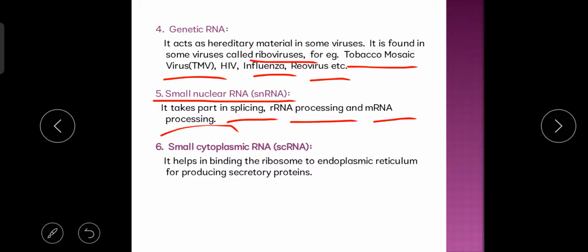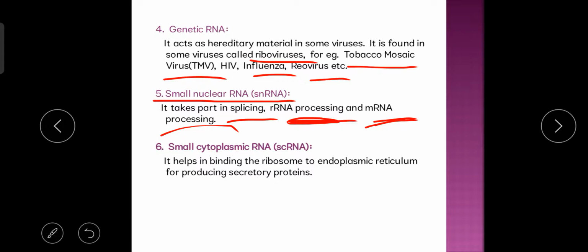That part is known as the non-coding. So the removal of the non-coding region from the messenger RNA is called splicing. Then RNA processing: after production of the RNA, these are processed for proper function. Then messenger RNA processing. So the small nuclear RNAs only help in these processes.